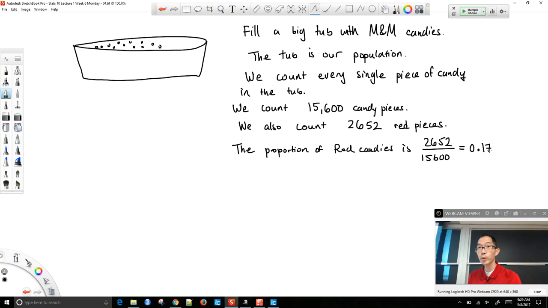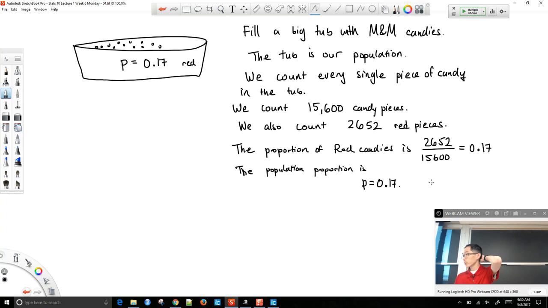So the tub has proportion, and we would use P because this is the population. P is equal to 0.17 red. So this is the proportion that exists in the population. So the population proportion is P equal to 0.17. All right. This establishes our population.